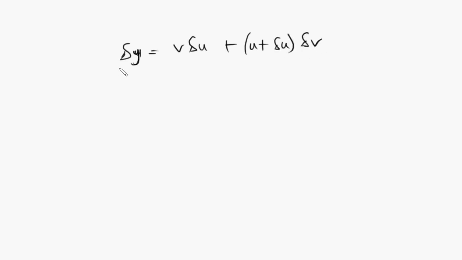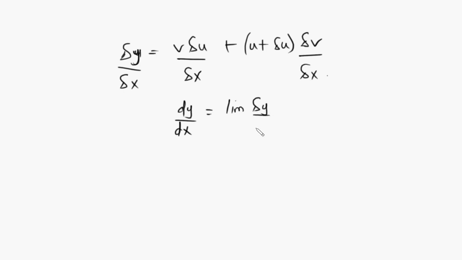So let me divide by delta x, so here it is delta x and here also delta x. Now remember, dy/dx is the limit of delta y over delta x as delta x approaches 0.